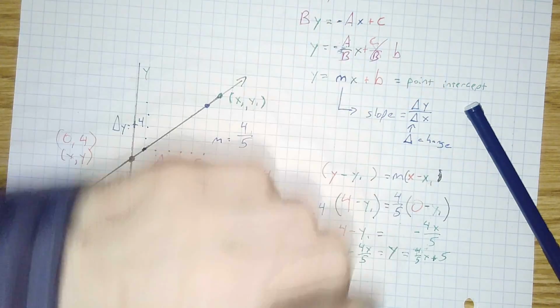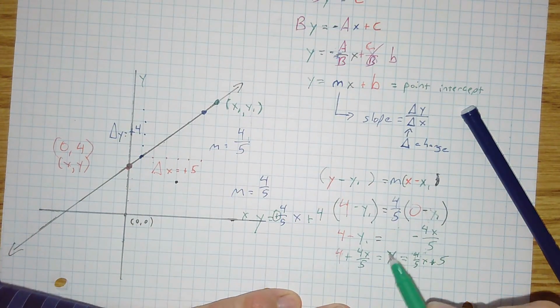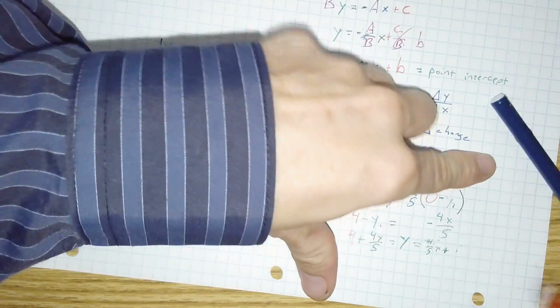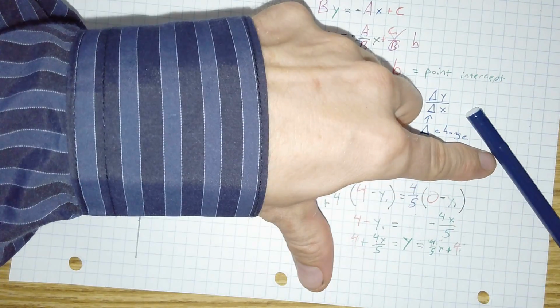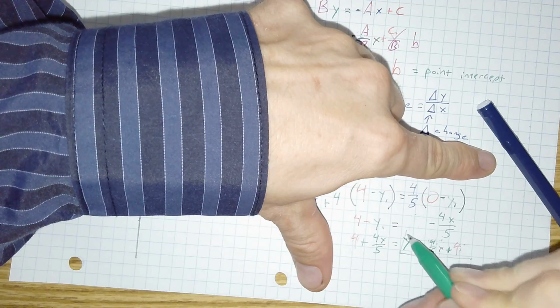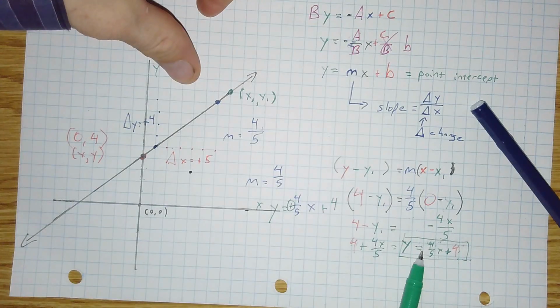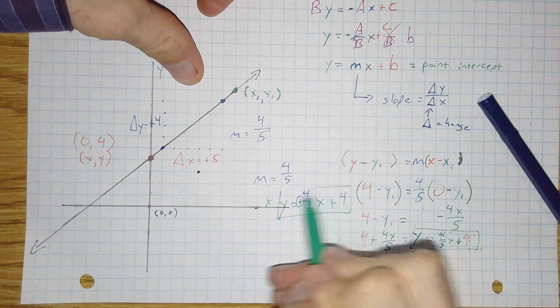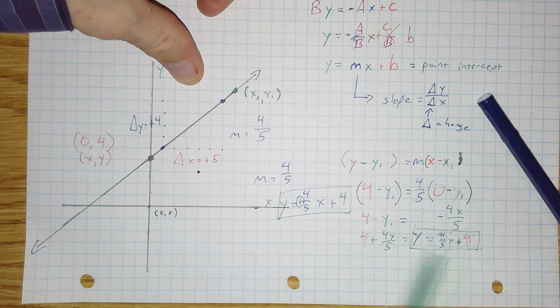Right, so we got the same equation that we knew. So we've determined that this is indeed the same equation for our slope, y equals 4/5 x plus b.